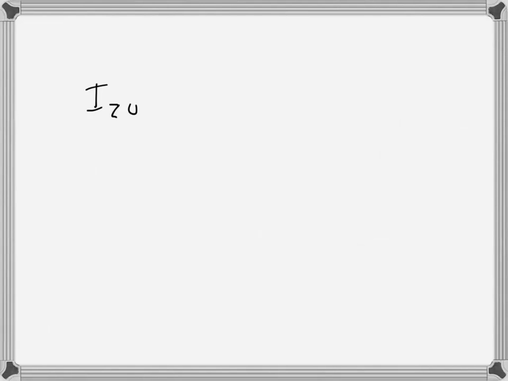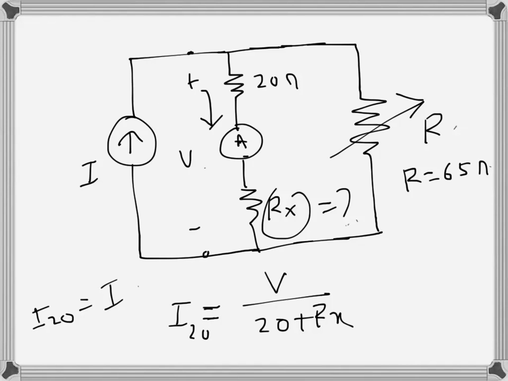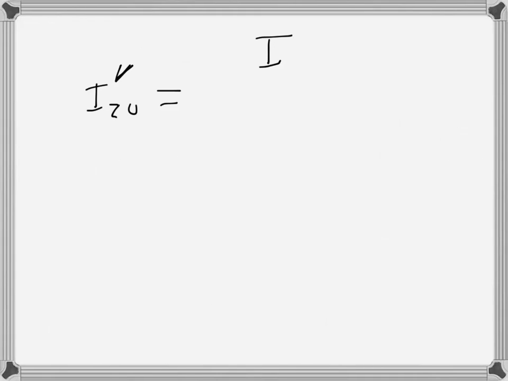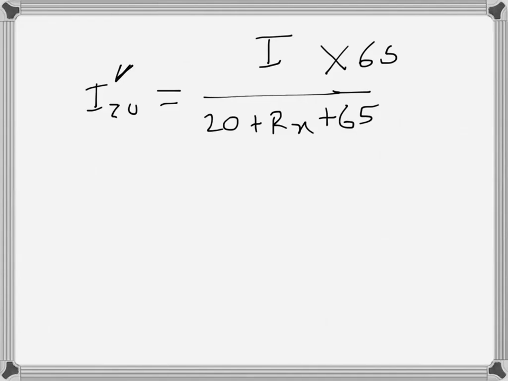And this will be I, the source current, over the total resistance, which is 20 plus Rx plus 65, and since these are two parallel branches, I'm applying the current divider rule, so it should be multiplied by 65.